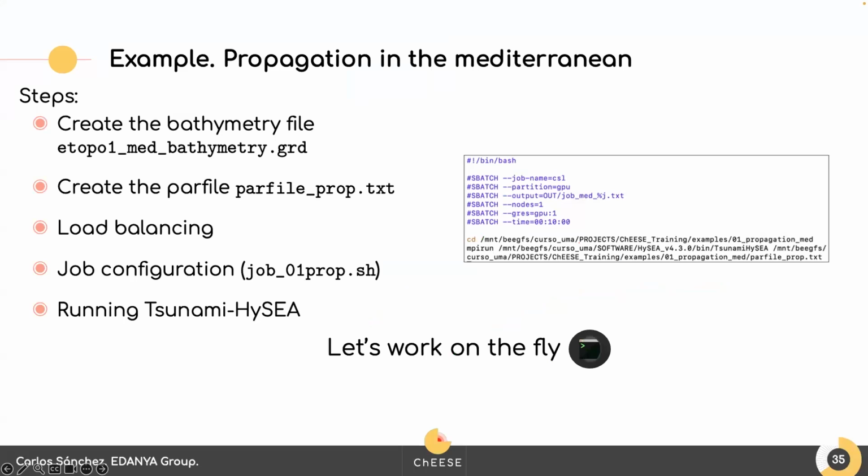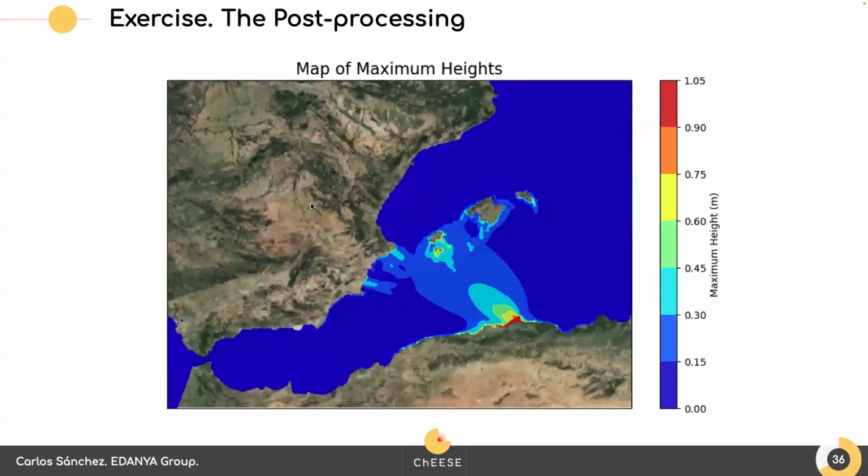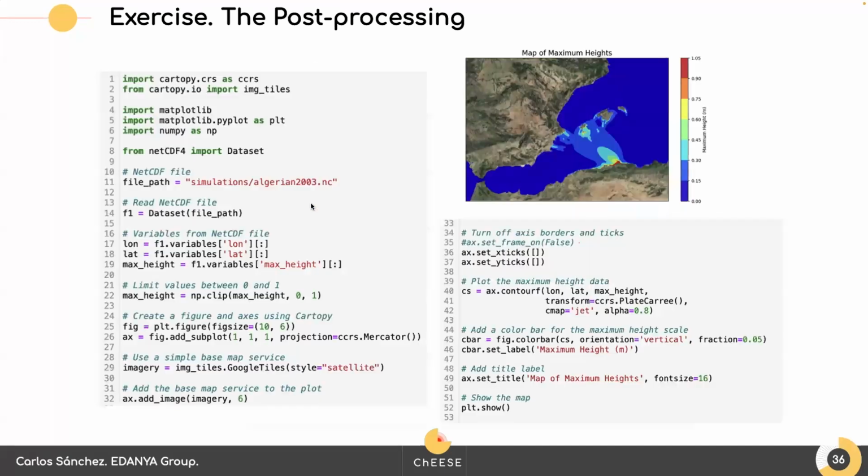Let's go back to the slides. And for the post-processing, as I mentioned before, you can just open ncview in order to have an idea of how your simulation has gone. And also you can try to create some plots like this one by using a Python script. So if you are familiar with Python, you just need to load some libraries, like netCDF, matplotlib, numpy, cartopy in order to plot your maps.